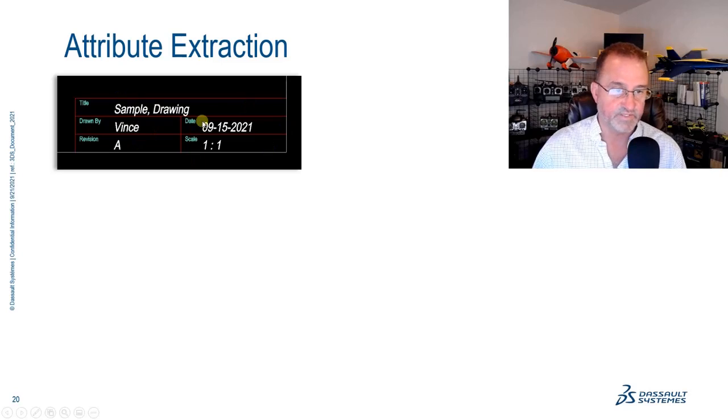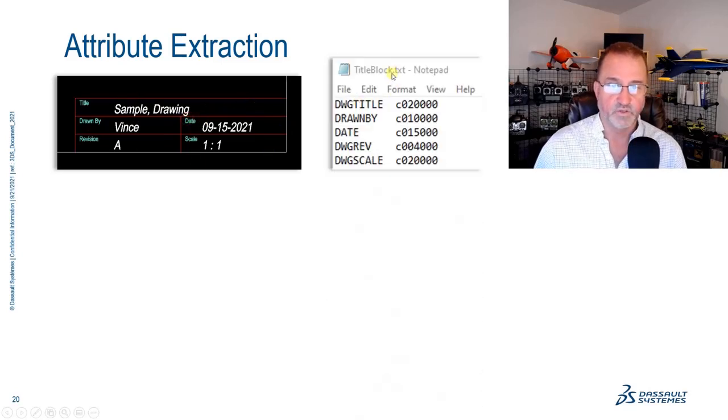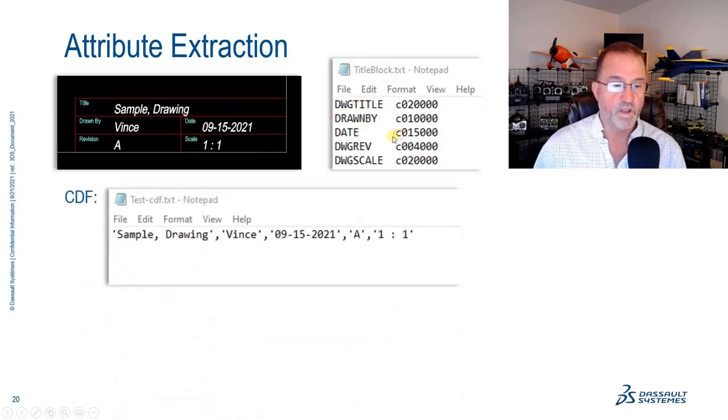So what does that look like when we do an extraction? If I have my sample drawing and I use this template, when I extract it, if it's comma delimited, you will see, for example, if I put a comma after sample, comma, drawing, you'll notice that I get the comma in here, and then the other commas that separate the fields or the data will be separated by the little quote symbol.